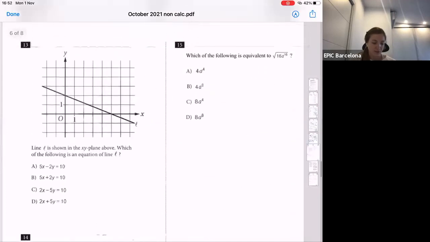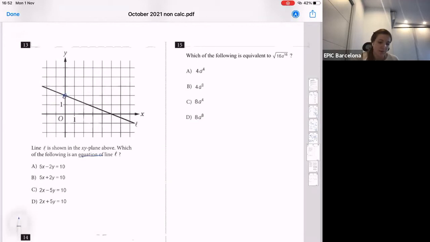Okay. Moving onwards to number 13. Okay, so line L is shown in the XY plane above, which is following this equation to line L. Okay, so this is not in slope-intercept form, which is what helps the problem.